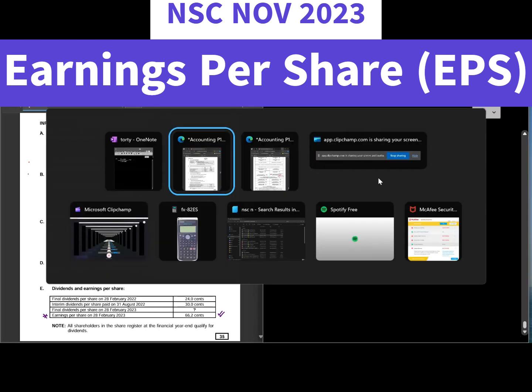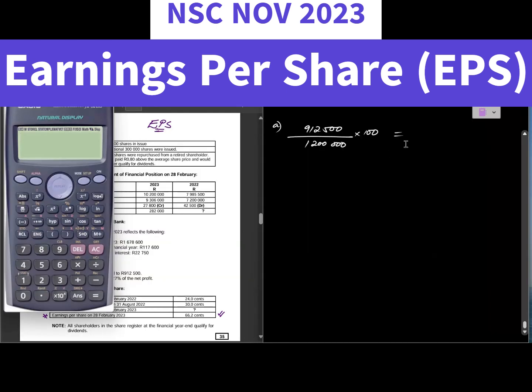Let's see if we can get that calculator. There you are. So it will be 912,500. And then we're going to divide this by 1.2. And then it will give us 76 cents. If I multiply this by 100, I'll end up with 76 cents.